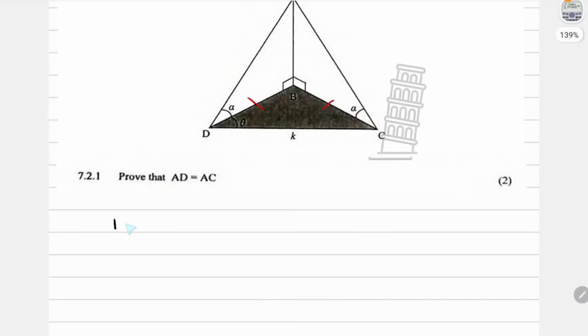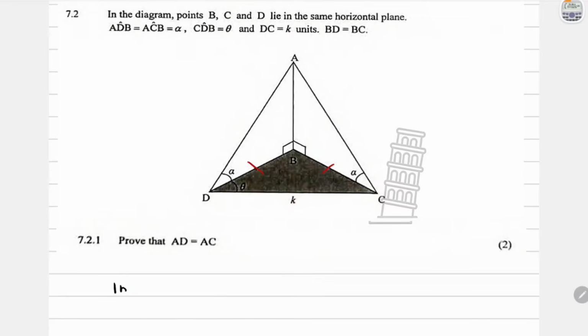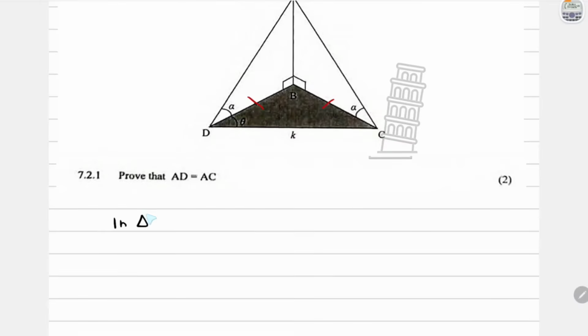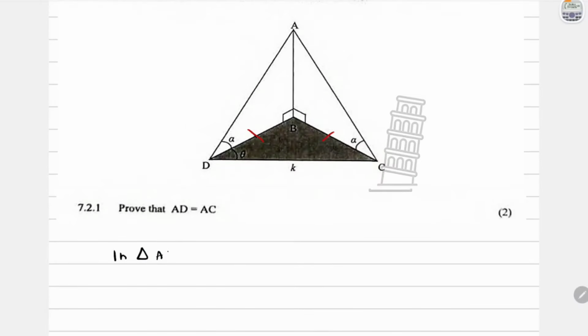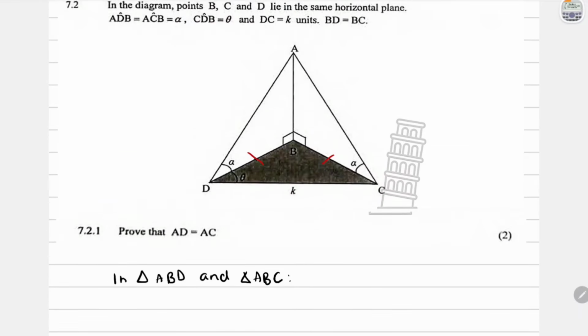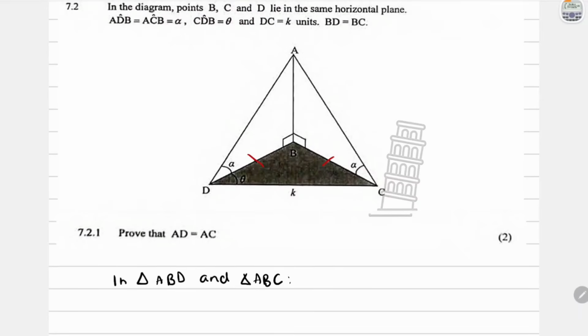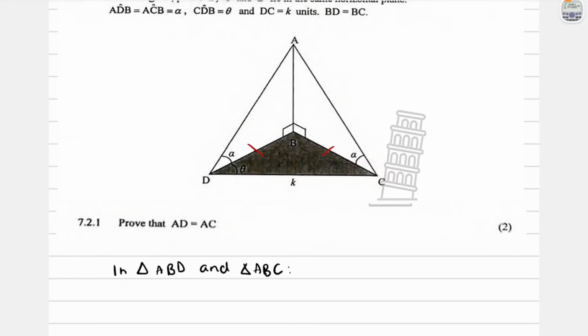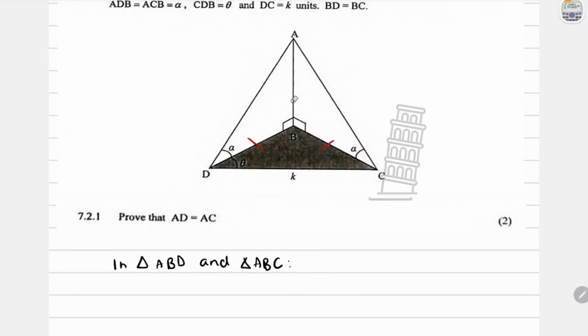So it would mean that these two lines are equal. So I'll just, well, this is not Euclid. I don't know if I need reasons, but okay. In triangle ABD and triangle ABC, I want to name it in the same way. Let's start with the fact that we have a side that is being shared. AB is a shared side between these two triangles.